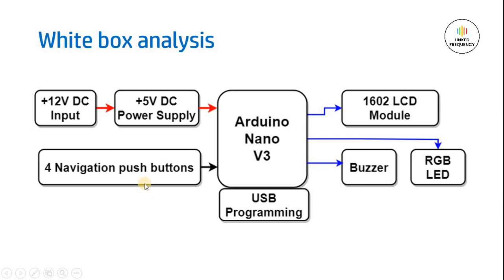These push buttons are configured in active low configuration, which means we will be using a pull-up resistor to pull the GPIOs high so that whenever we press this button, it will generate a low signal to the GPIO of Arduino Nano development board. Thereafter, we will be having a buzzer and RGB LED, also a 16x2 LCD module connected to our Arduino Nano development board.